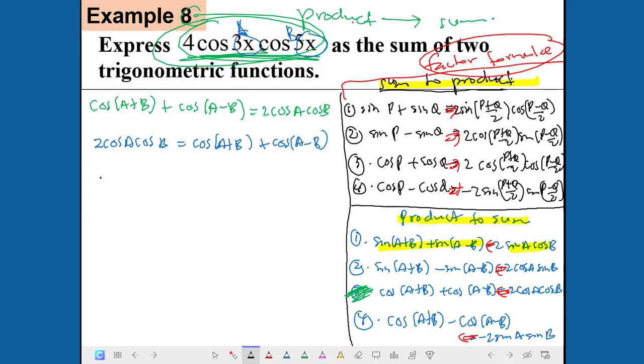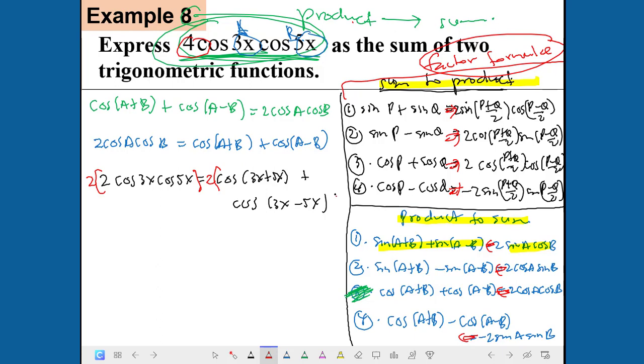Okay, so now 2 cos 3x cos 5x equals cos(3x + 5x) plus cos(3x − 5x). Since this one is 4 times 2, we need to multiply by 2 for 4.